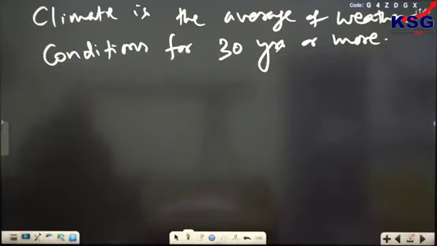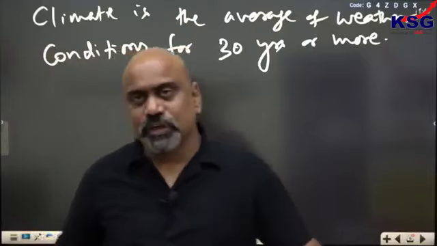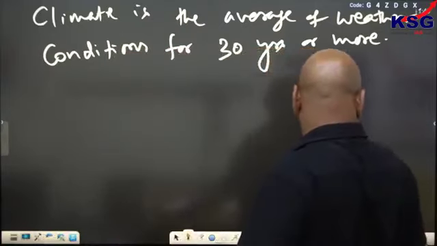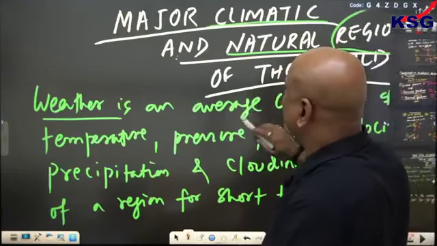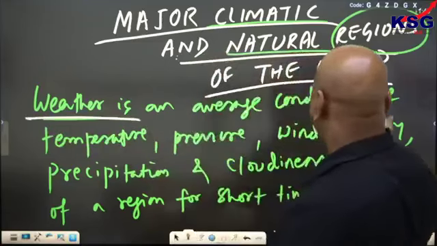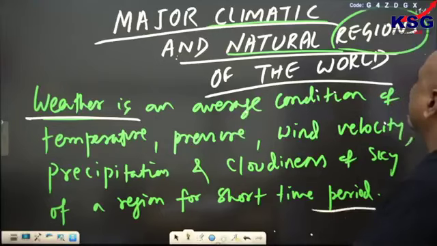Okay, 30 साल या ज़्यादा का जैसे कंडीशन जो होगा, this is called as what? This is called as climate. Sum total of weather condition for more than 30 years. So weather is average condition of the temperature, pressure, wind velocity, precipitation, cloudiness of the sky of a region for a short time period. But a long time period of weather condition is climate.